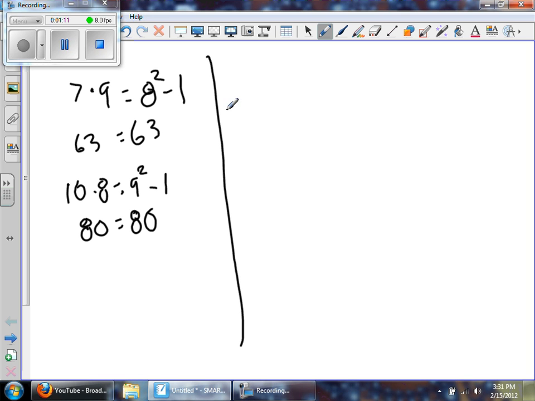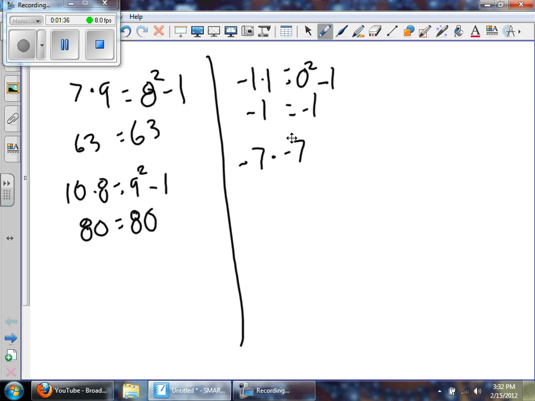The next case he tried immediately, and I'm glad that he attempted this, said, well, if I have negative 1 times 1, that's going to be equal to 0 squared minus 1. Well, negative 1 times 1 is negative 1, and 0 squared minus 1 is also negative 1. And just for good measure, let's see how this works with negative integers as well. We'll take negative 7 and negative 5.